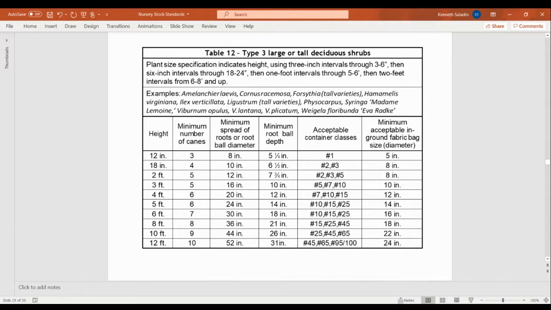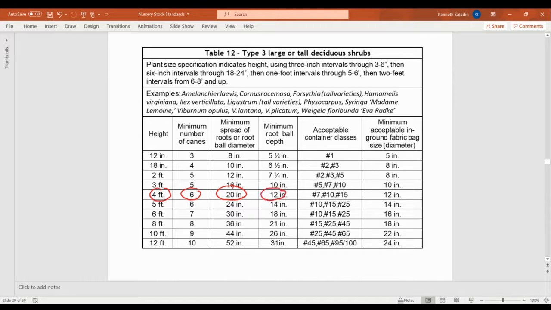If we have a shrub in the 4-foot grade, it's supposed to have a certain minimum number of canes or stems, which is 6, a minimum root ball diameter of 20 inches, and a minimum root ball depth of 12 inches.